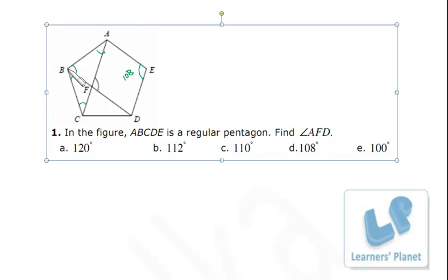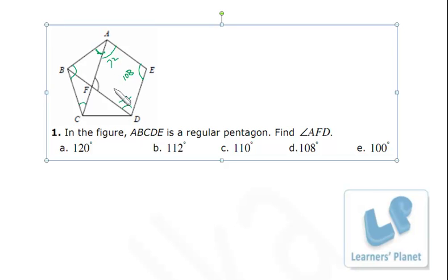Now this is 108, that means this plus this must be 72, that means each of them must be 36. Now if this angle is 36, this must be 108 minus 36, that is 72. Similarly, this angle should also be 72, 72, 72, 108, and out of 360 if we deduct all these three, because AFDE is a quadrilateral, right?